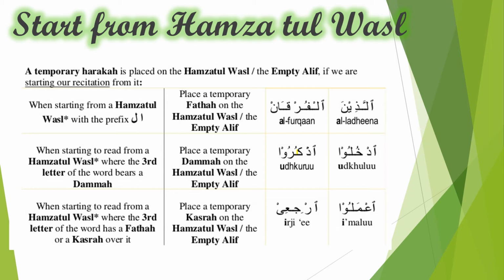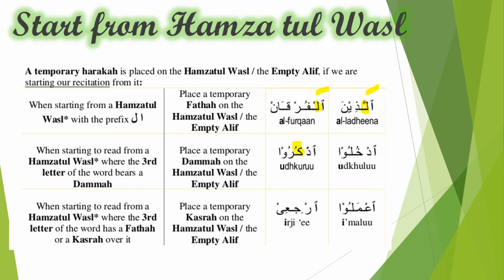I'm trying to grab the marker for you. So let's grab a highlighter. I come here and I see that my second letter is a Lam. Then I go ahead and I put a Fathah, and I pronounce this al-furqaan, al-ladheena.